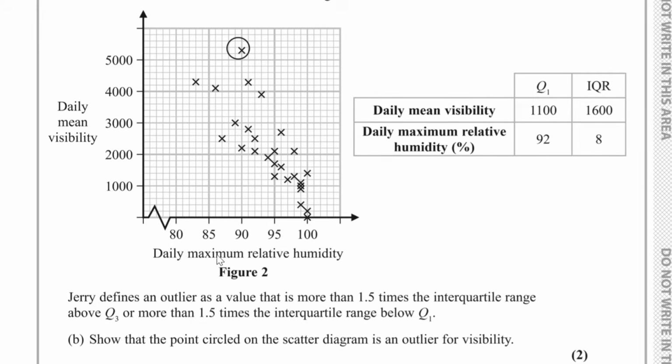So we've got the daily maximum relative humidity along the horizontal axis, and along the vertical axis we've got the daily mean visibility. And we've also got this table over here. The table shows the lower quartile, Q1, the interquartile range for both the daily mean visibility and the daily maximum relative humidity as a percentage.